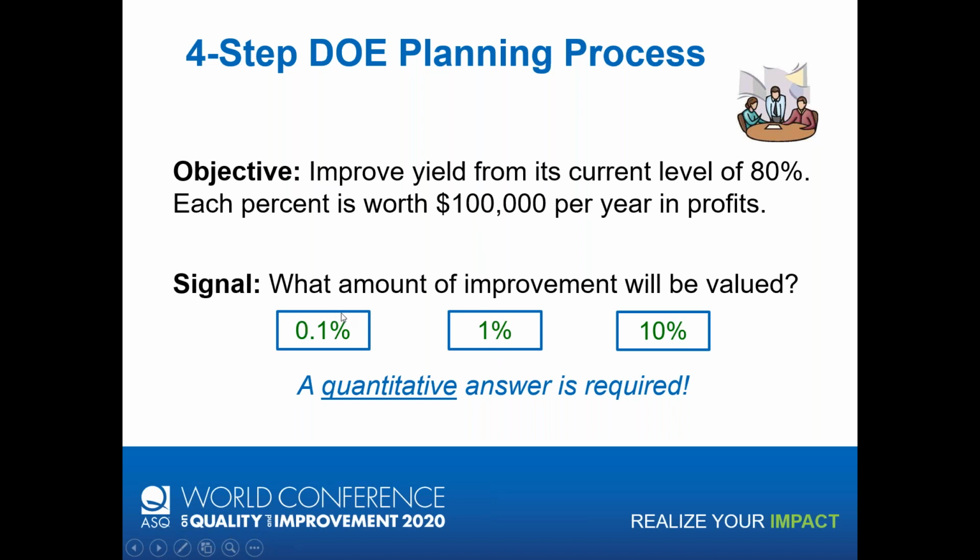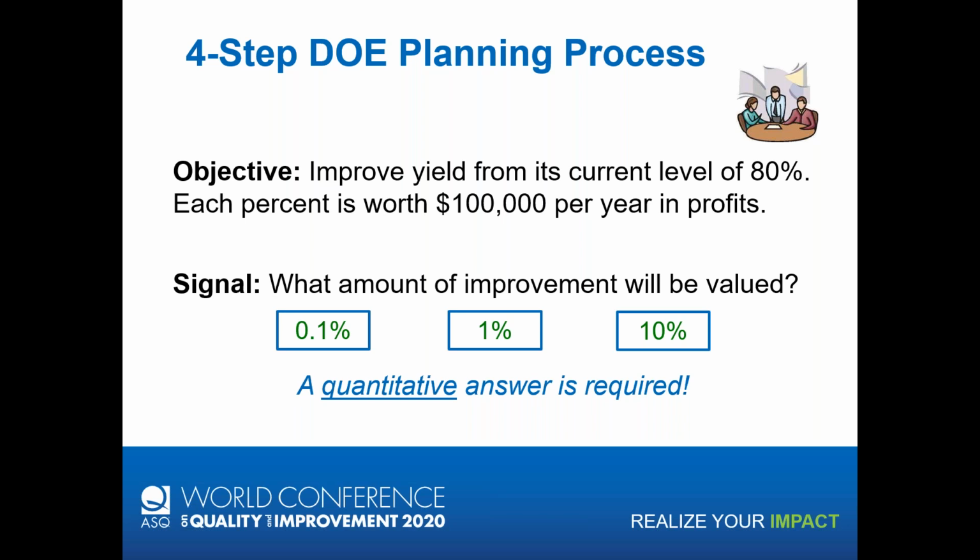How about a 0.1% change? Well, now maybe that's down where we don't care so much. So the value of the improvement is what you need to consider when you think about how much change in yield is worth the cost of doing the experiment.